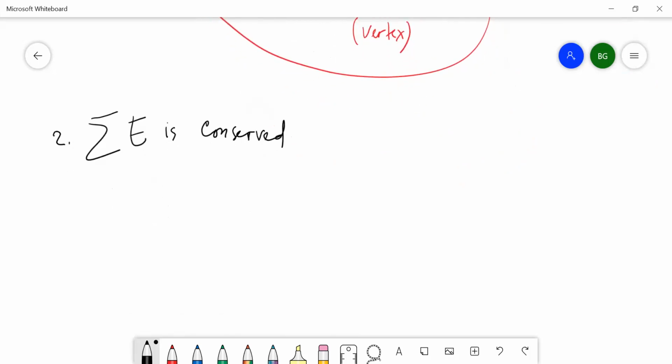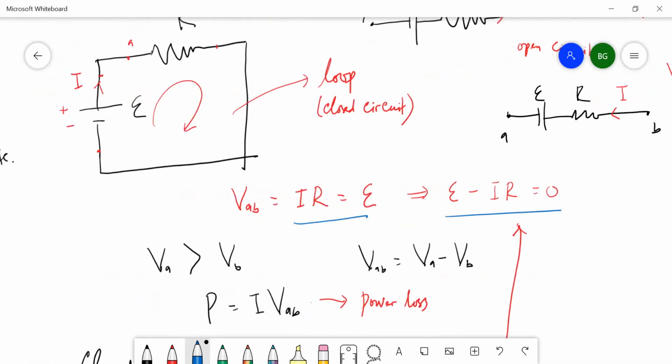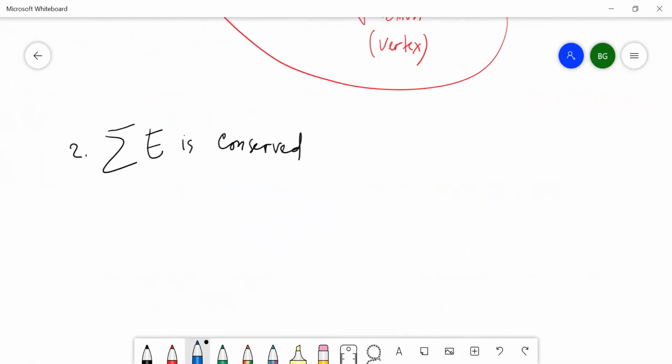So for example, in the simple circuit, as we have discussed before, it should be epsilon equal to IR. If there are n of these, then the sum of epsilons also equals the sum over the resistors.